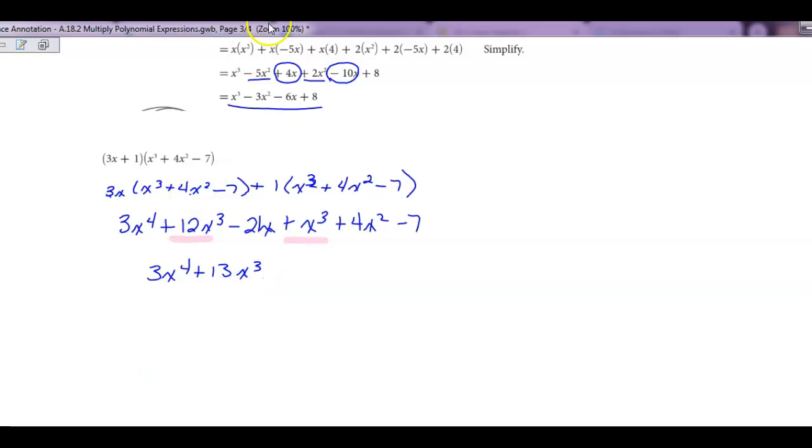And then I have, let's see, negative 21x. Oh, that's it. So we have plus 4x squared minus 21x minus 7. 1, 2, 3, 4, 5 terms. Is it in descending order? 4, 3, 2, 1, 0? Yes. And so that's simplified right there.